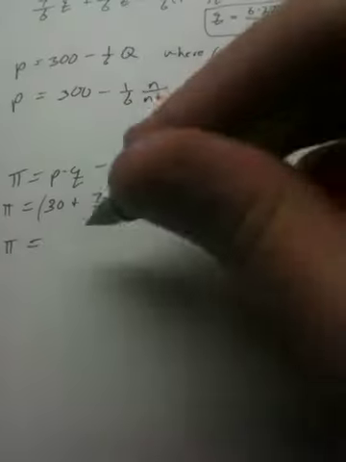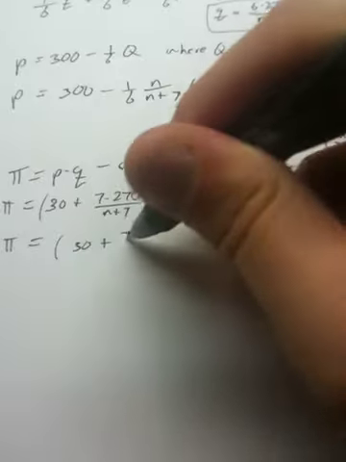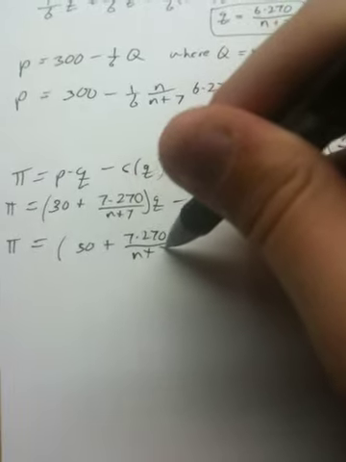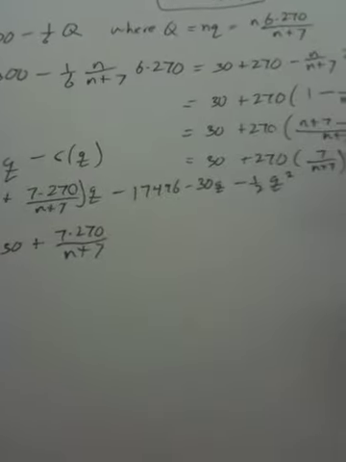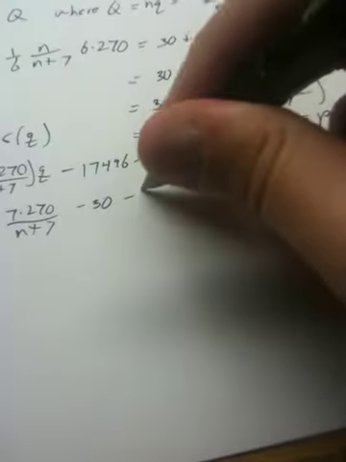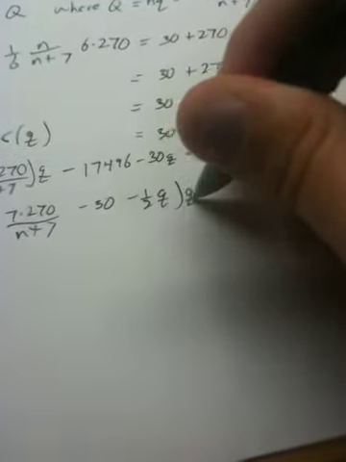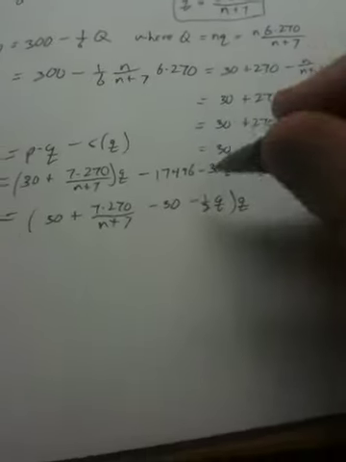We're going to collect all the q's together. So we've got 30 plus 7 times 270 over n plus 7. Anything that has a q, we're just writing it together. So there was a minus 30 and then a minus half q squared. So all those are times q. And the 30's cancel.